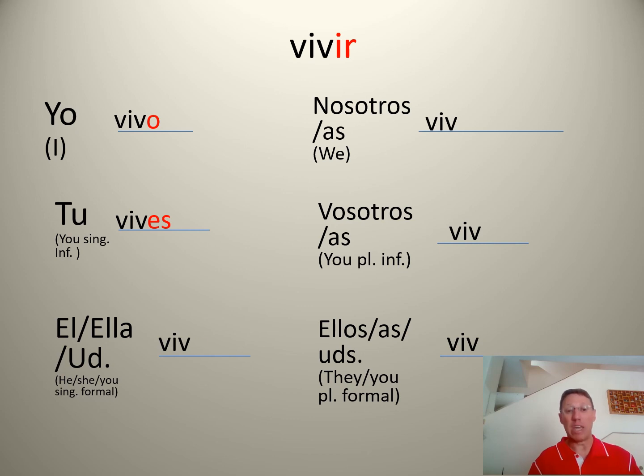El, ella, usted vive. Now it changes slightly. Nosotros, nosotras, we don't say vivemos, we say vivimos for an IR verb. Vosotros, vosotras, vivís, again with a stress mark to indicate the stress on the final syllable, not vives, but vivís. And ellos, ellas, ustedes works exactly the same as for ER, so that would be viven.